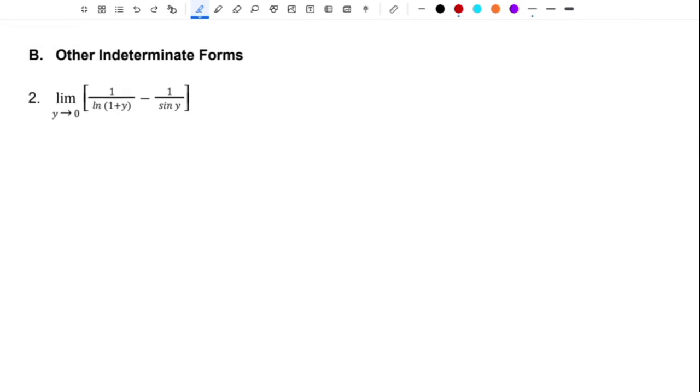Now, we still need to do the first step. First and foremost, we need to apply our limit to identify whether the limit exists, and by doing it, we need to apply our limit as y approaches 0.